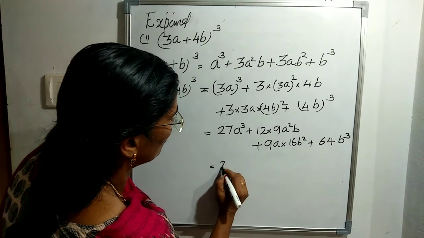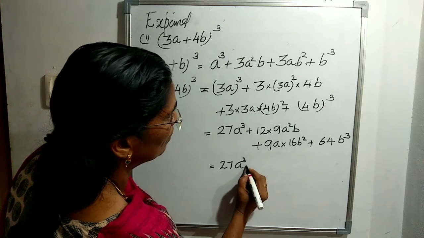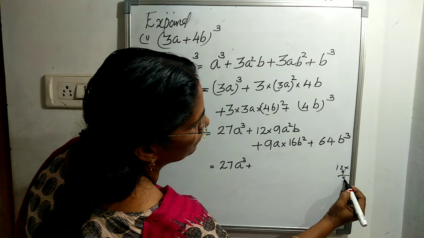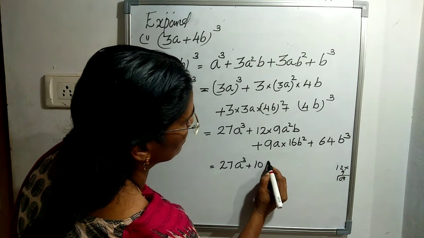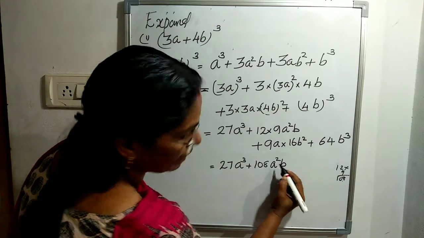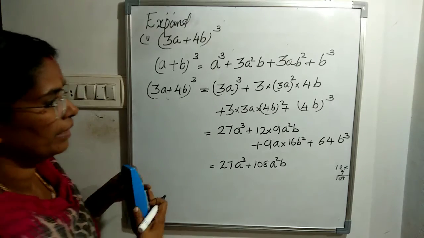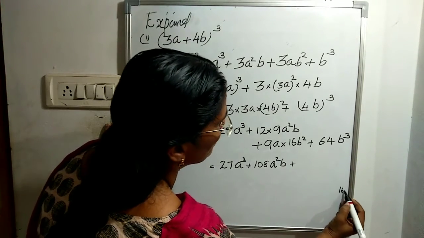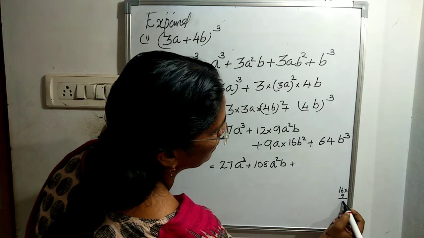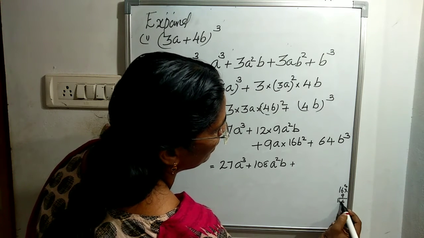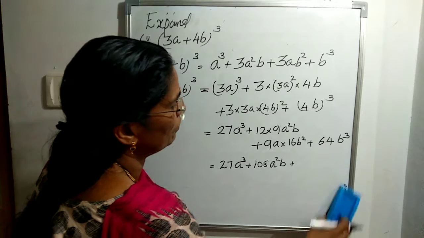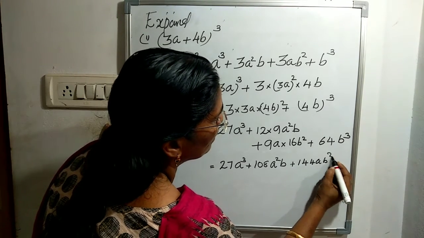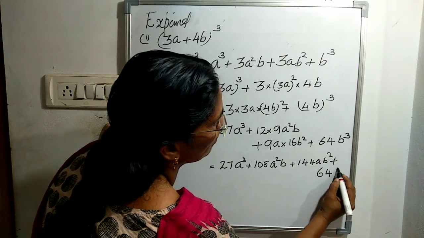That is equal to 27a cube plus 12 into 9, 108 a square b, plus 16 into 9, 144, so 144 ab square plus 64b cube.